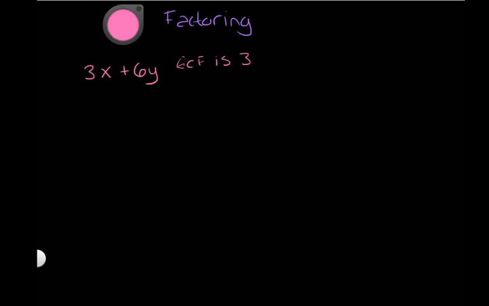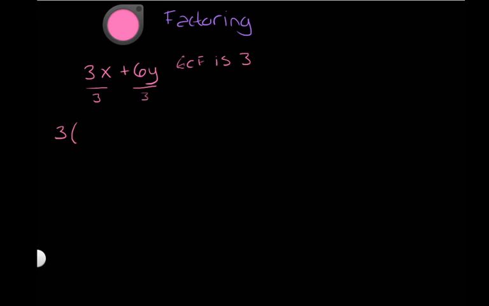So a really simple way to do factoring, once I know what my greatest common factor is, I'm just going to divide everything by the greatest common factor. So divide by 3, divide by 3. Since I'm dividing by 3, I'm going to put my 3 right here outside my bracket, because I'm showing that I've taken 3 out of everything.